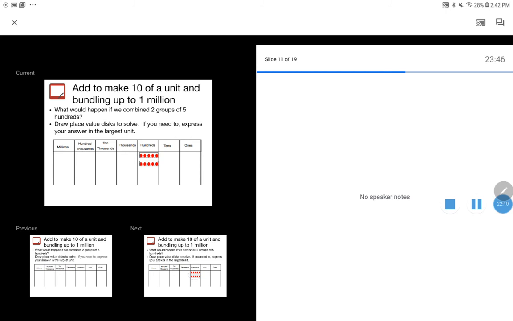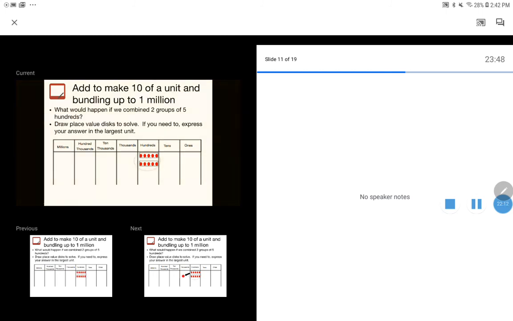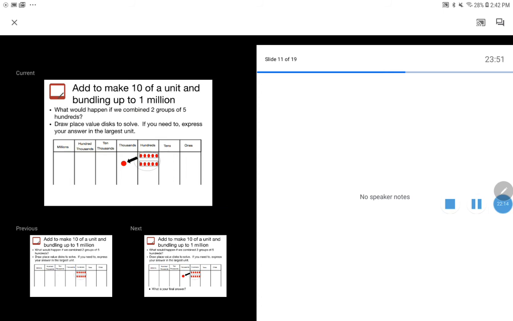Brady, what happens? Make 1,000. Yeah, I can bundle those 10 hundreds together and move them over, and I have 1,000. Okay? You can erase.